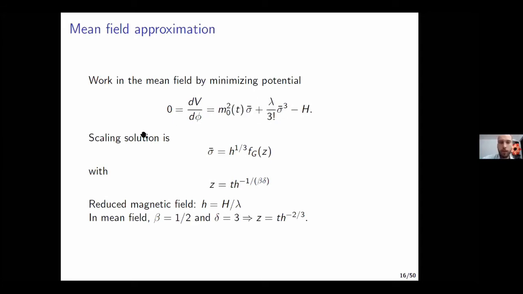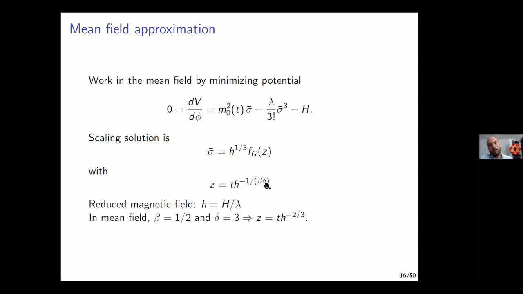And you can solve this. And what you find is that this sigma is given by, in terms of this reduced magnetic field, which is just the kind of explicit breaking term that we've included, times the scaling function f_G of z. And z is this variable, which goes like the reduced temperature times the reduced magnetic field to the power of these critical exponents, beta and delta.